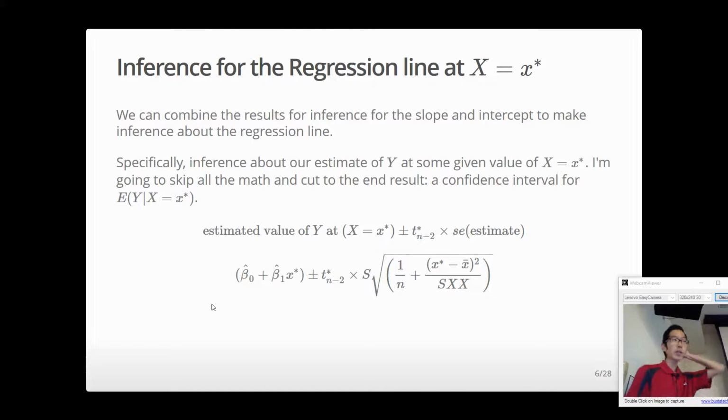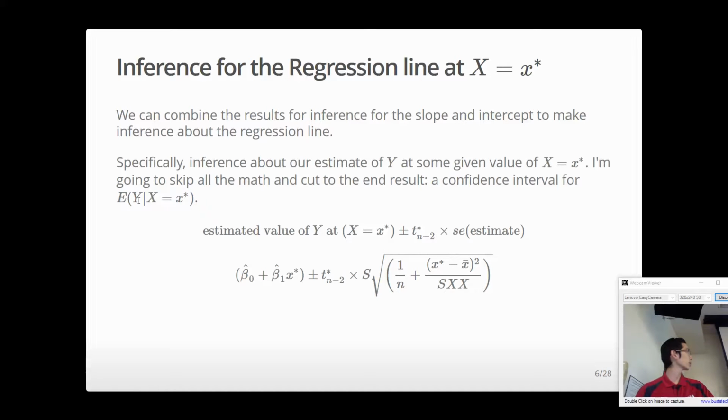Okay, so on Monday we covered inference for the slope and inference for the intercept. And now we're going to perform inference for the regression value y itself at x equal to x star. So we're basically combining those inference results, and what we want to know is what can we say about y when x equals x star.